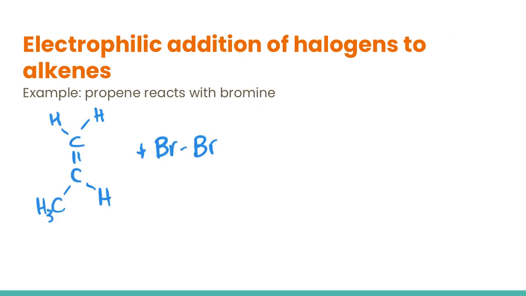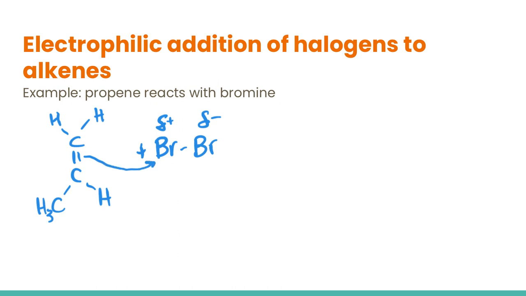The second variation on this mechanism is if we look at the reactions of electrophilic addition of halogens to alkenes. So we've got propene here reacting with bromine. Now, bromine itself doesn't have a dipole, but as it approaches this carbon-carbon double bond, which is an area of high electron density, it will induce a dipole.